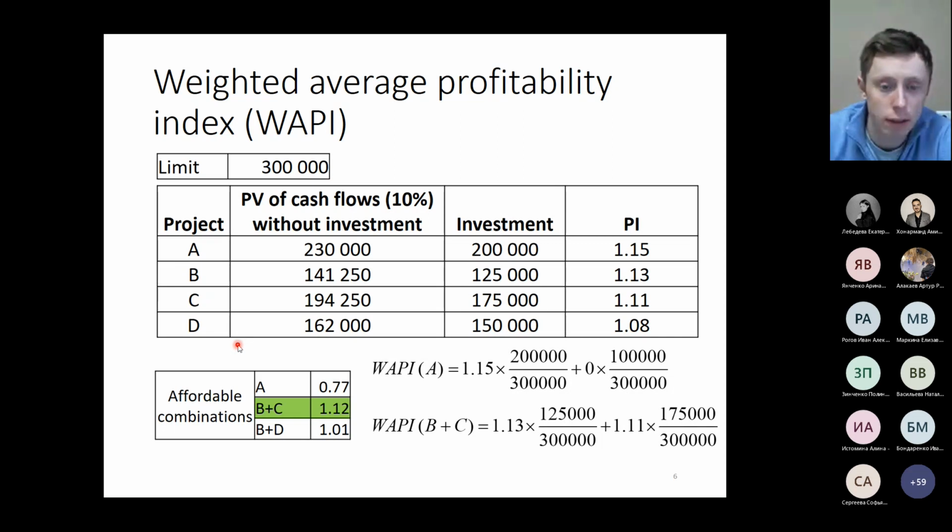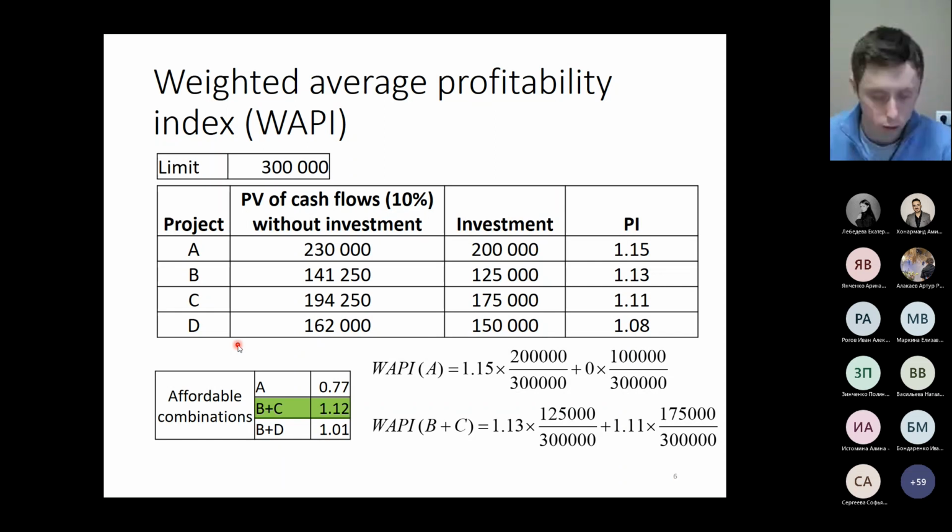No, in these conditions, we just cannot consider this combination because we exceed the limit. Yeah, Uliana. So we consider only combinations that fit the limit that we have. I've understood. Yes, this is the idea of this constraint.